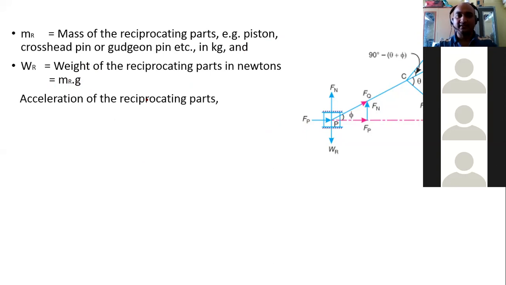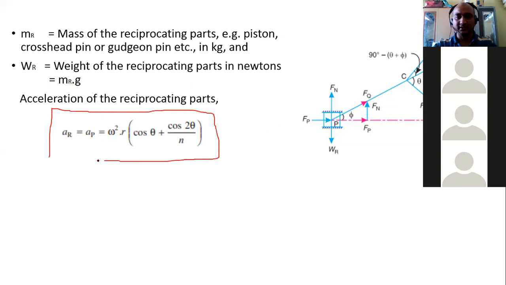So the acceleration of the reciprocating parts is equal to Ar. Now in the static force analysis, we have not covered this particular part. We'll see this part also, but just remember for this instance that the acceleration of reciprocating parts Ar is also called AP, that is the acceleration of the reciprocating piston.